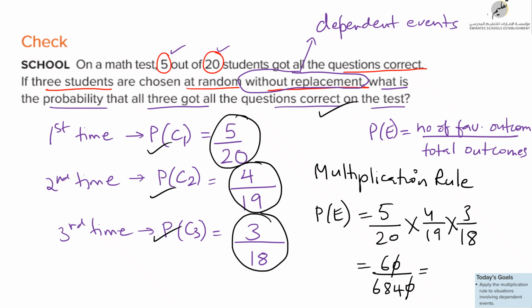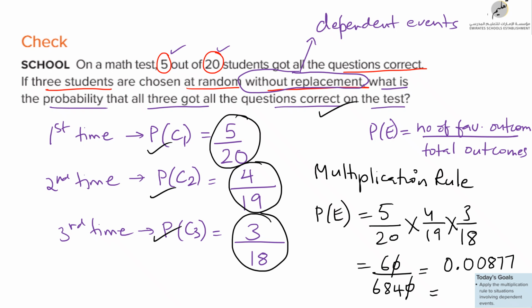In decimal, it is 0.00877. And if I want to convert to percentage, I multiply by 100. So I shift my decimal by 2 places.